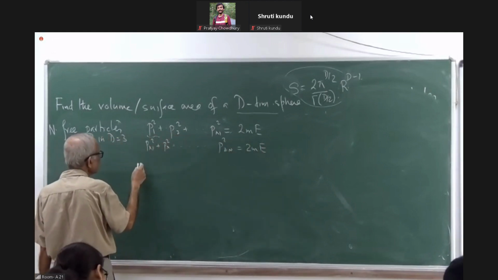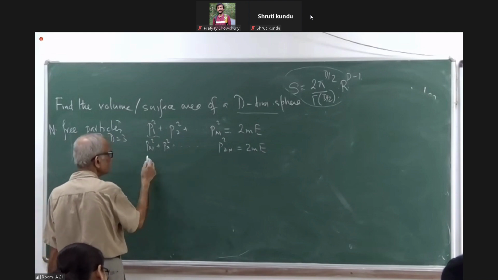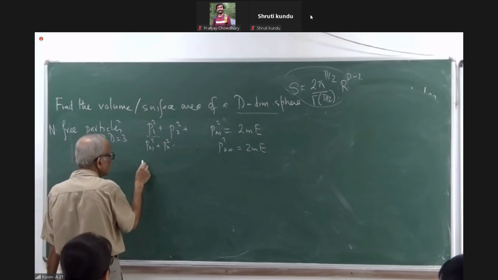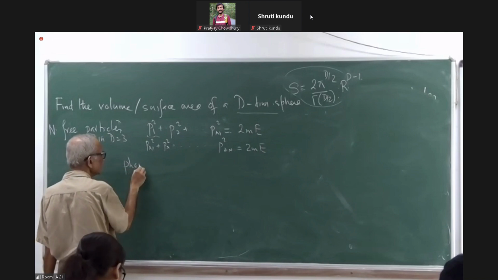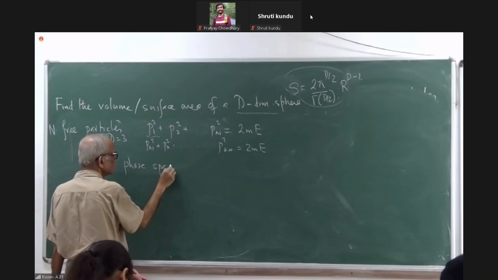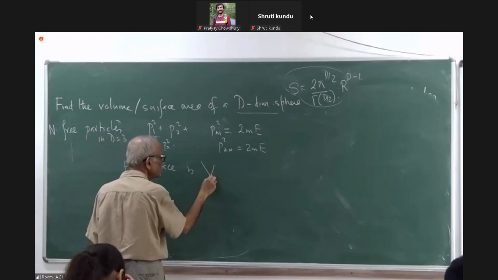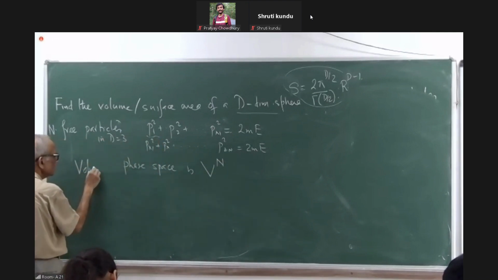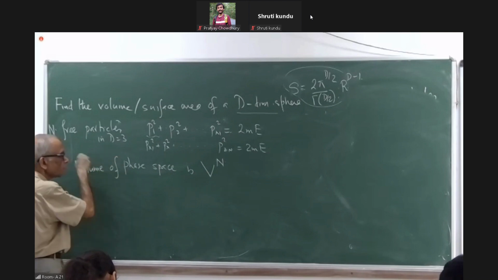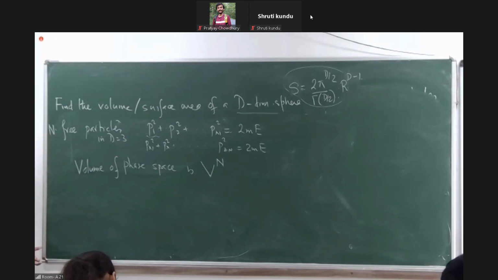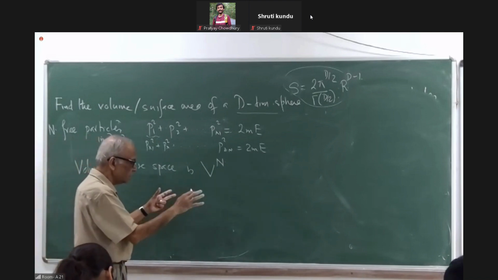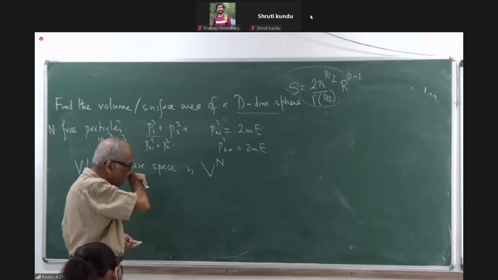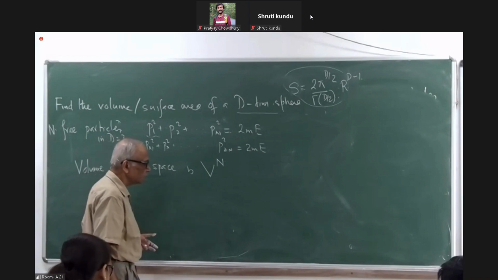So the particles live in phase space. The volume of phase space is V to the power N, because they are free to occupy the entire physical volume V, uninterrupted and unimpeded by any other particle.